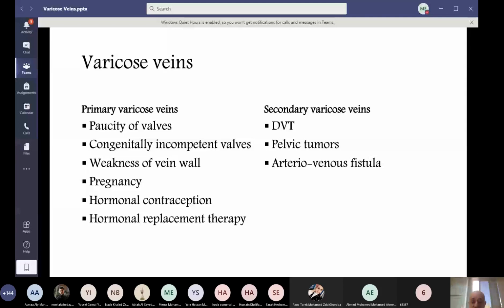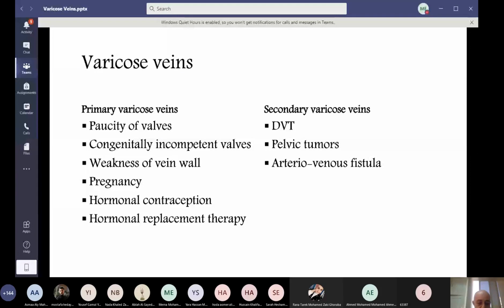Also, pregnancy is a multifactorial cause for the development of varicose veins. It can be a mechanical cause by the compression of the growing uterus as the pregnancy goes forward, and also due to the relaxing effect of the pregnancy hormones, which are produced in huge amounts during pregnancy, as you know.